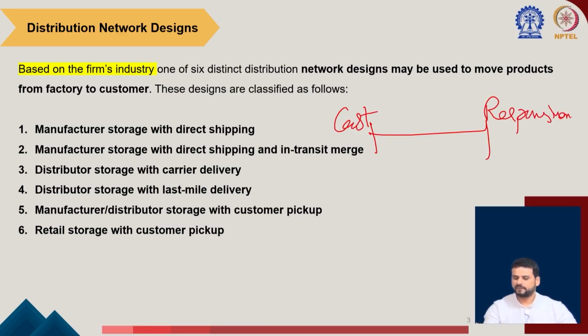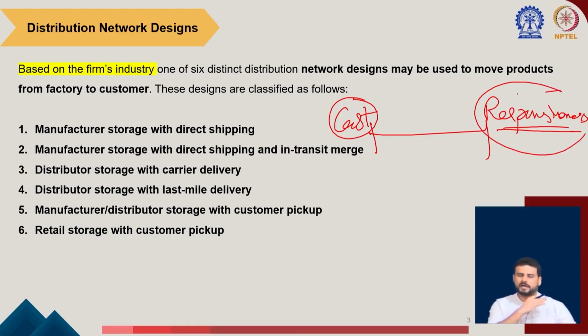If we are hitting the cost parameter, obviously we need to consolidate the inventories, consolidate the orders, utilize the economies of scale, and club maximum orders during transportation, right. Individual orders we cannot process. On the other hand, if we are going for responsiveness, we are providing customized services, even delivering the individual product as well.